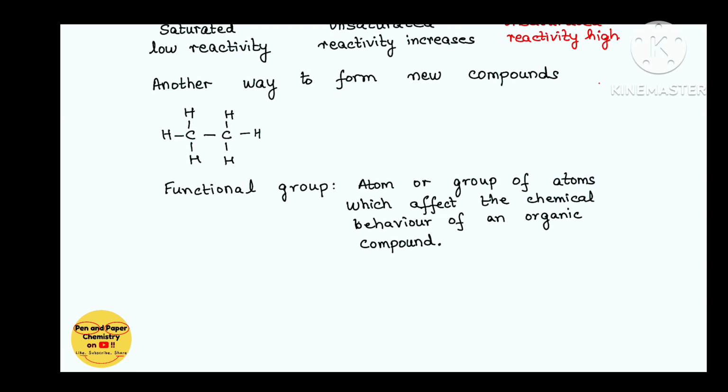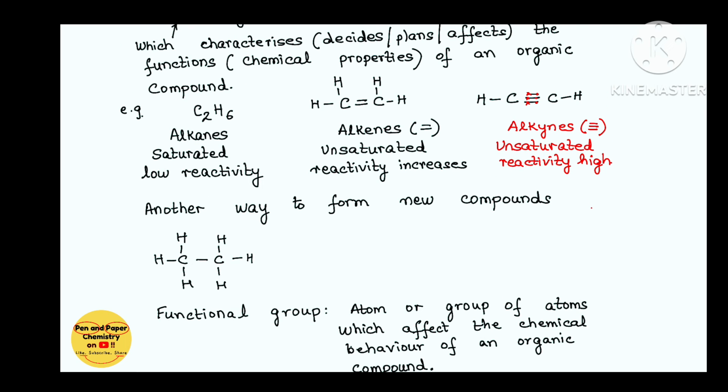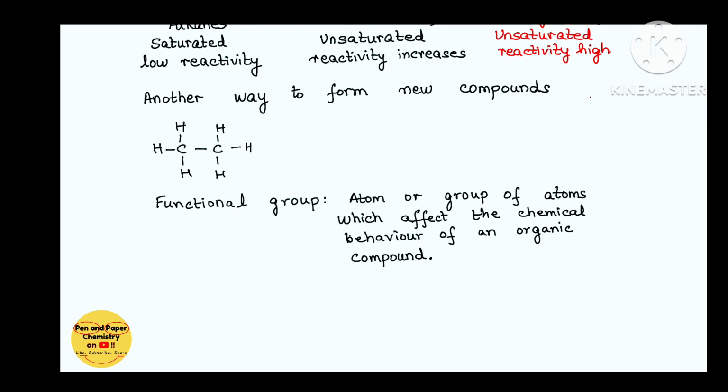Now, can the hydrogen atom be replaced only by double or triple bonds? No, there are other ways as well. So, for example, the hydrogen over here can be replaced by a halogen atom. A halogen means fluorine, chlorine, bromine, iodine.